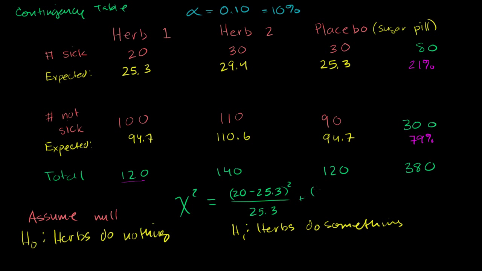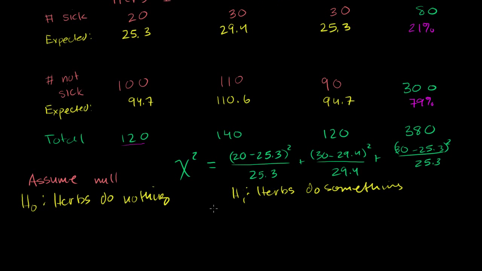Plus 30 minus 29.4 squared over 29.4. I'm going to run out of space. Plus 30 minus 25.3 squared over 25.3. And then I'm going to have to do these over here, so let me just continue it. You can ignore this h1 over here.